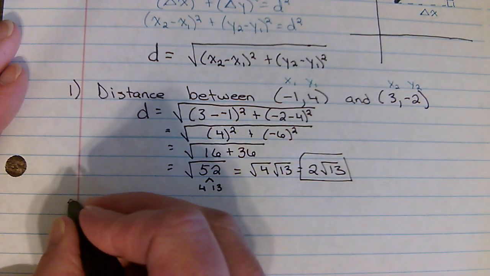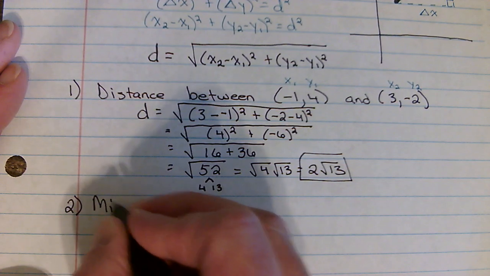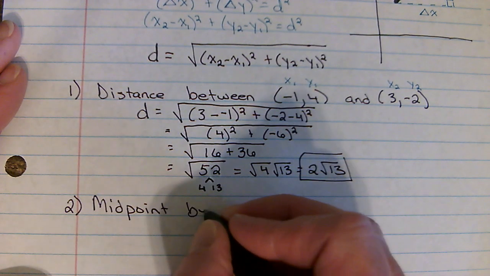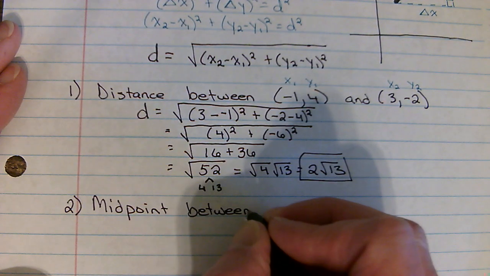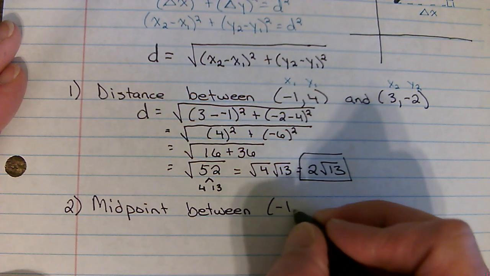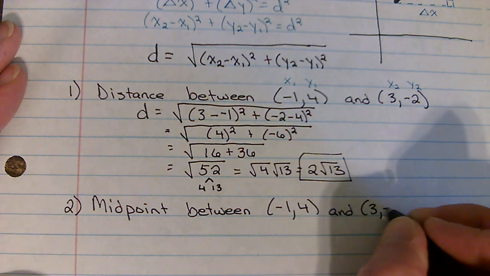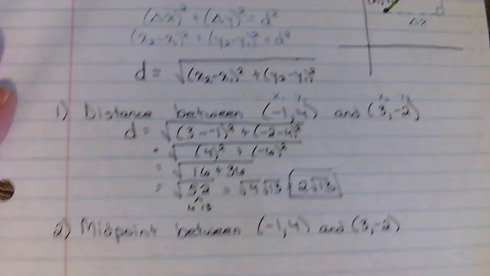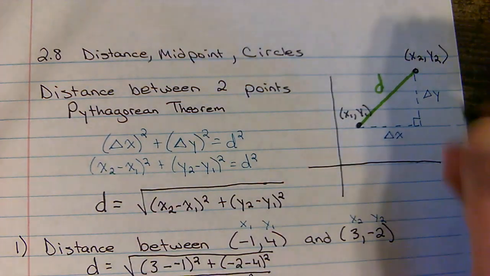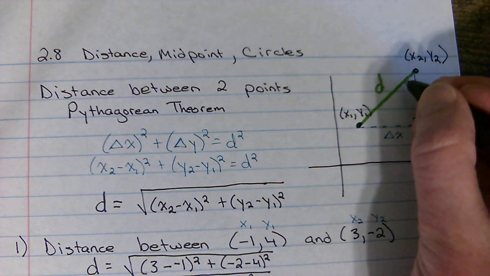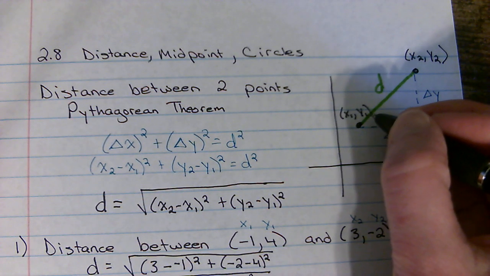Let's talk about midpoint. Let's try to find the midpoint between 2 points. I'll just use the same 2 points. Back on this graph. The midpoint. Would the midpoint be closer to this point or this point?